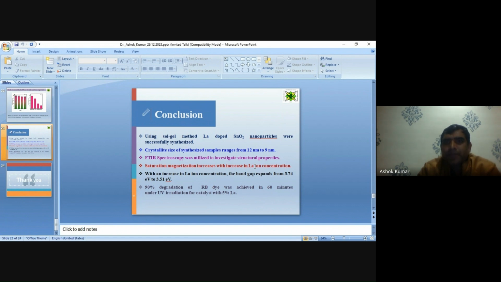There is a decrease in band gap from 3.74 to 3.51 eV with the lanthanum ion concentration, and we have obtained nearly 90% degradation of rose Bengal dye in 60 minutes under UV light irradiation for the catalyst with 5% lanthanum.